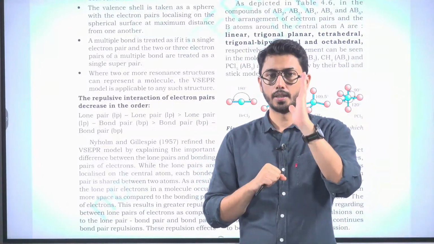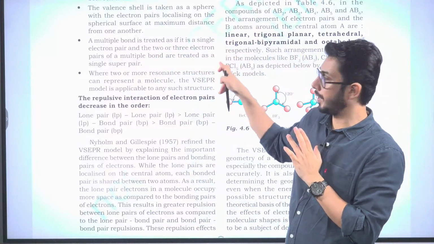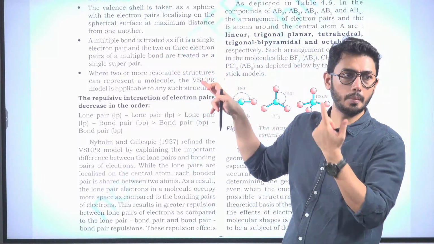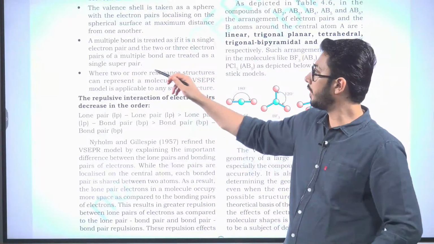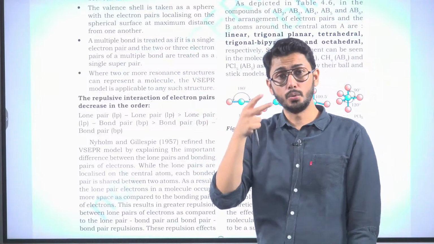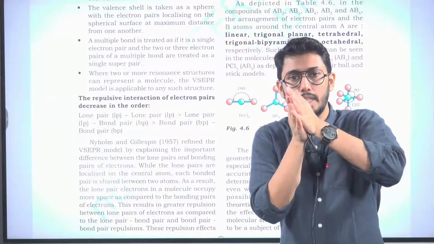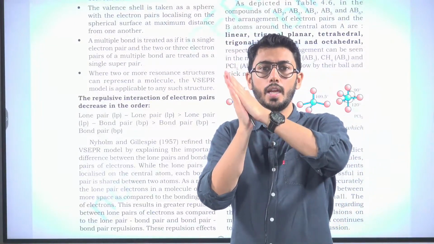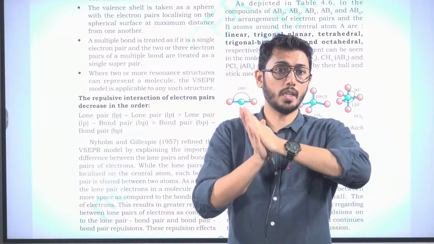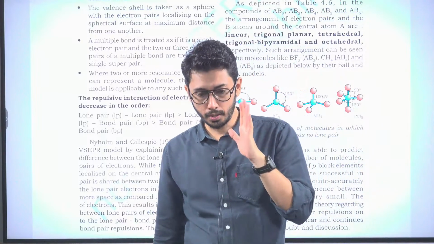Second, the 2 or 3 electron pairs of a multiple bond are treated as a single super pair. This is the postulate that I am focusing on.